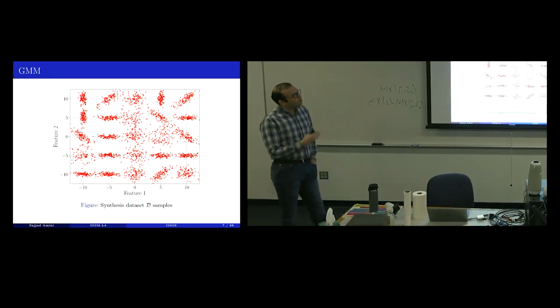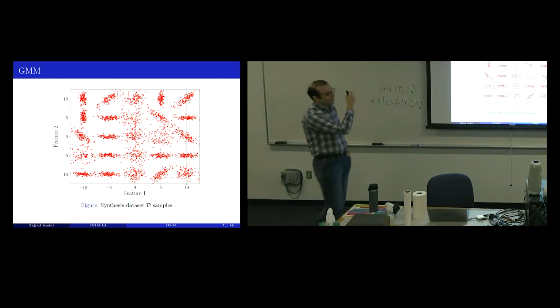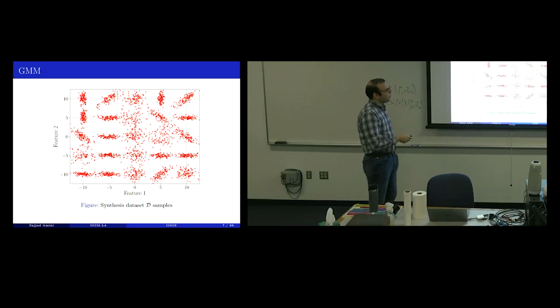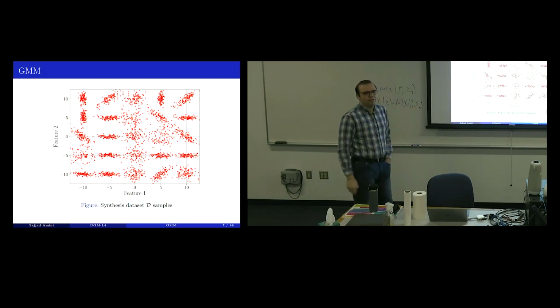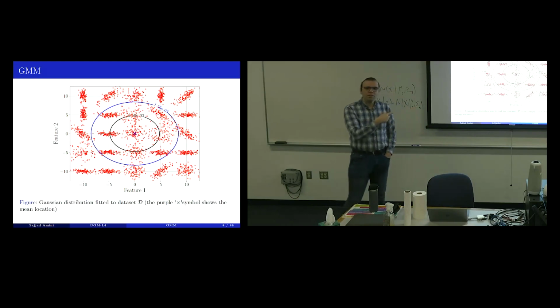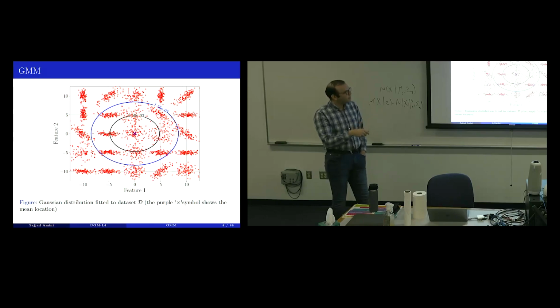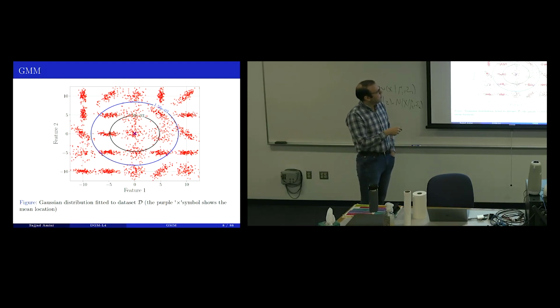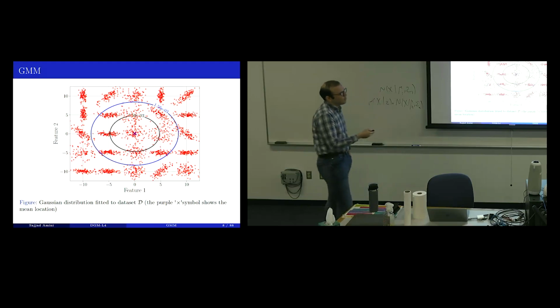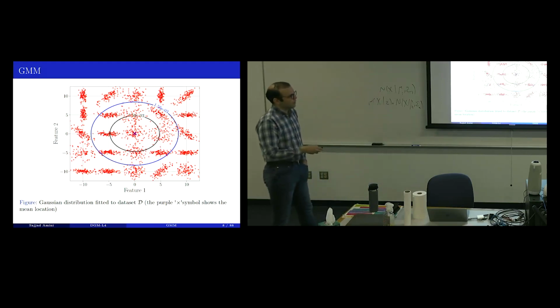The situation becomes more challenging if you have something like this. In the case of the Iris dataset, we have just 3 groups of data. Here we have 25 groups of data, and if I fit a Gaussian here, it is not working because you see that it gives high probability to here, but also high probability here, which is not desirable, and you easily see that this is not a good option for this dataset.